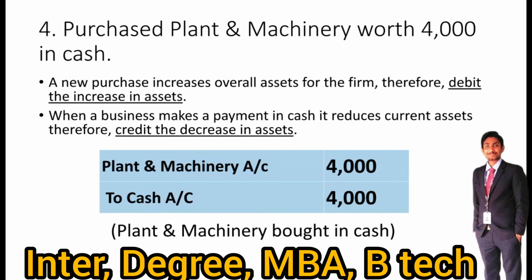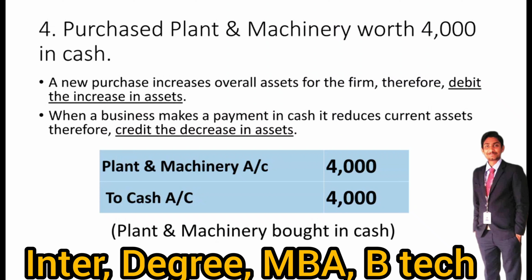And the fourth one: purchased plant and machinery worth 4,000 rupees in cash. The two aspects are plant and machinery, and cash.